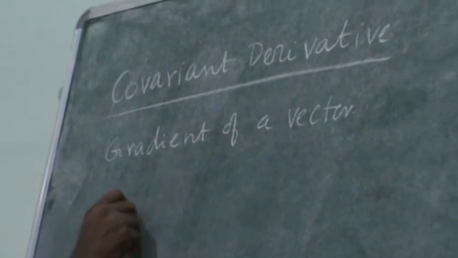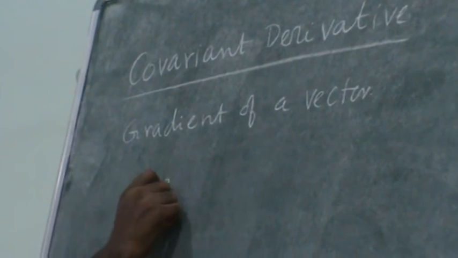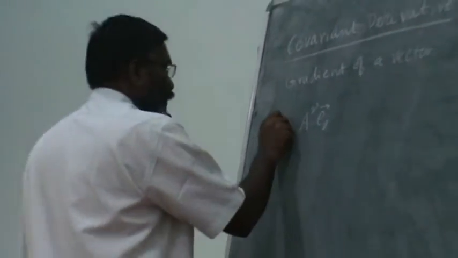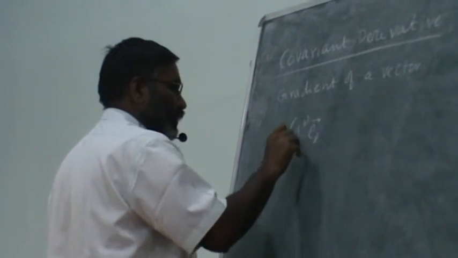Suppose you have a vector with components A^nu and basis vectors e_nu, and you want to define the gradient of this quantity.